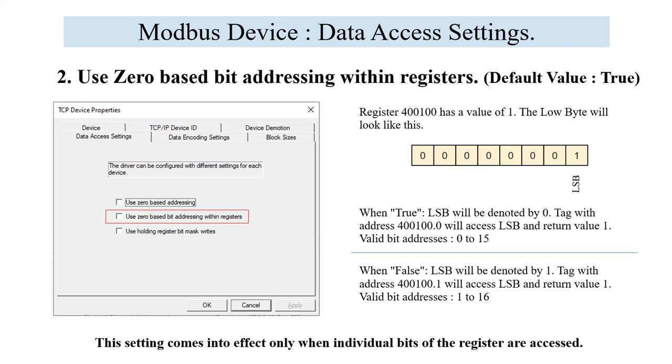This is how most programmers will like to see addresses, that is lowest address is of 0. But you can uncheck this setting and ask the driver to use bit addresses from 1 to 16. Bit 1 will be least significant bit in this case. This setting comes into effect only when individual bits of the register are being accessed.